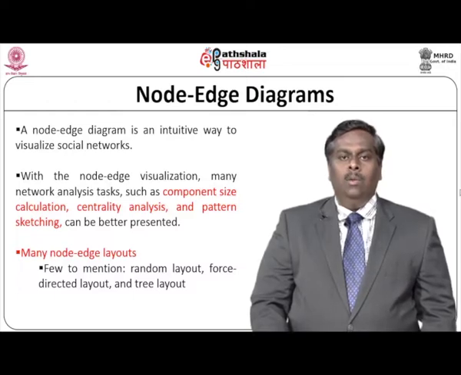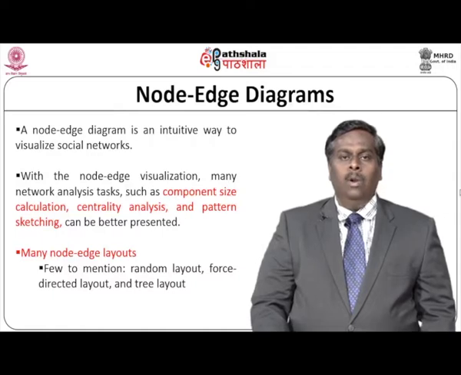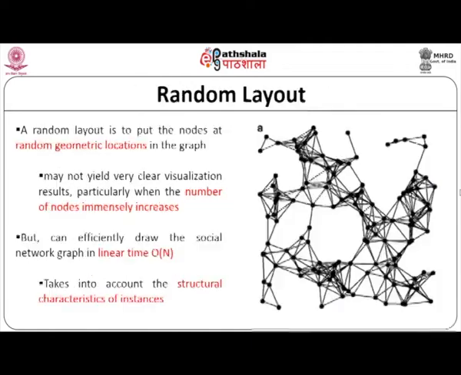What node edge layouts are available, and how can they be generated? Node edge layouts can be generated using a random layout, a force directed layout, or a tree layout. A random layout looks like the one shown in this slide.